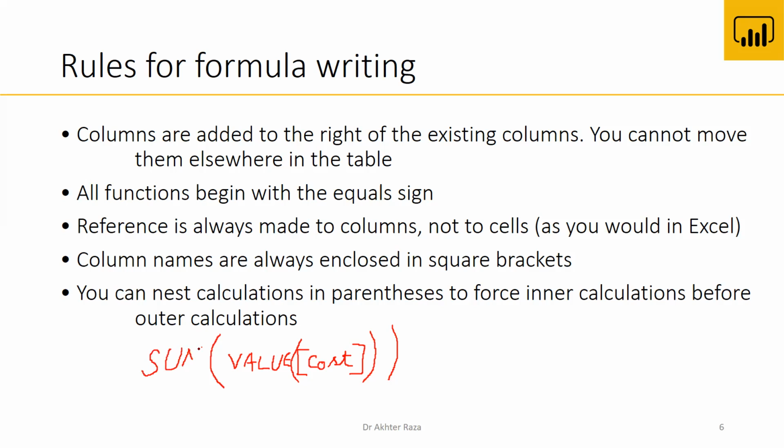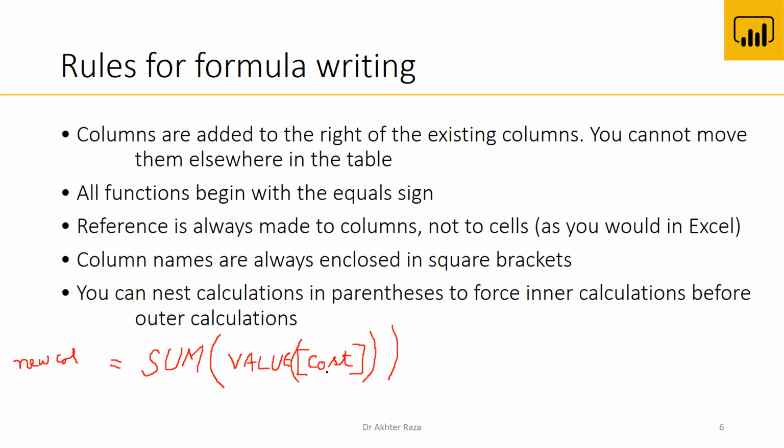In this nesting process, you can see the VALUE function is completely embedded within the SUM function, and it is equal to, and the new measure name you have to specify. A measure is a single value, so because this is a single value, you can store it in the new measure.